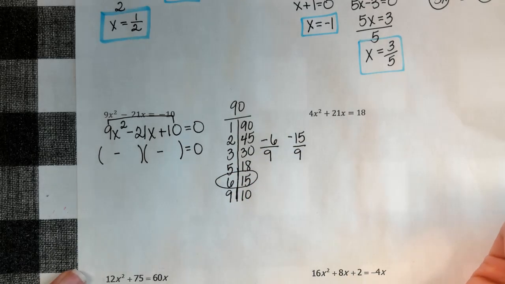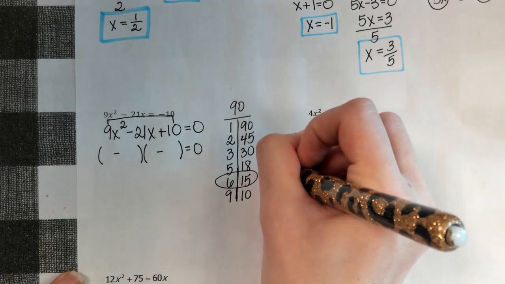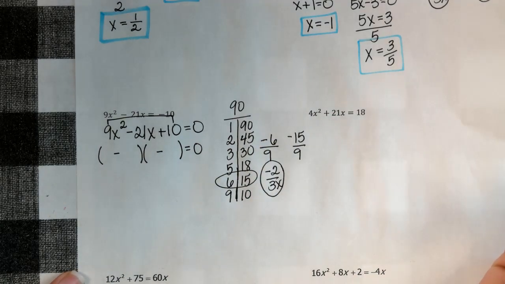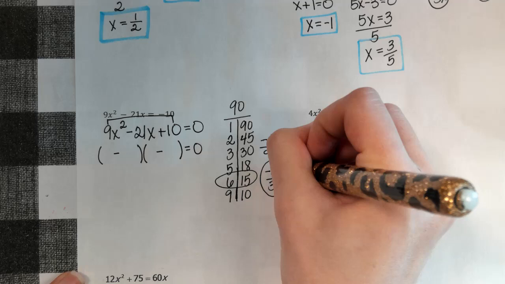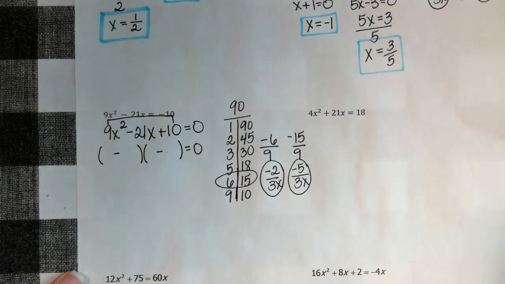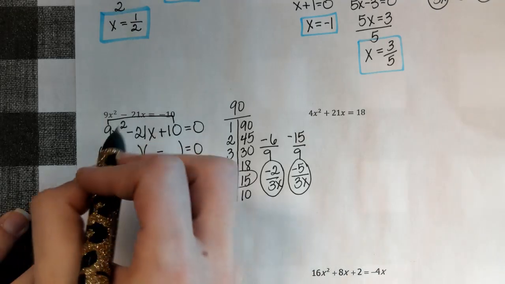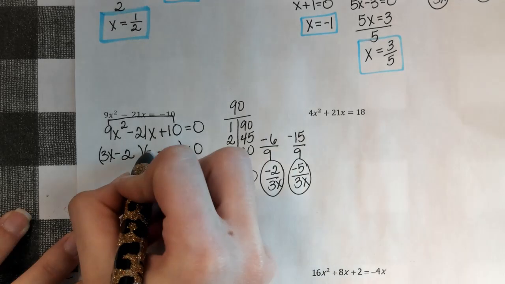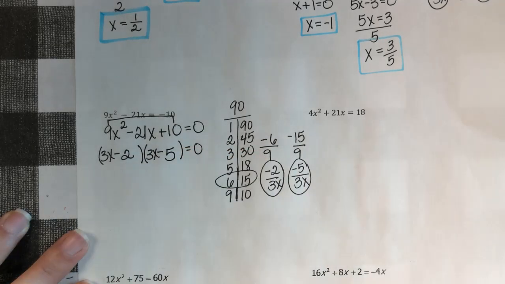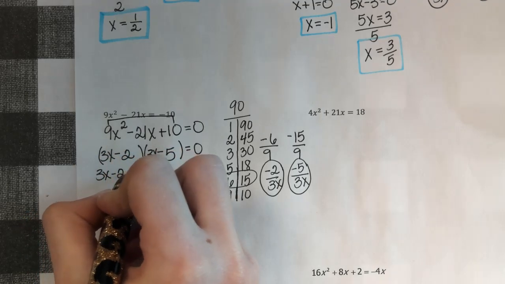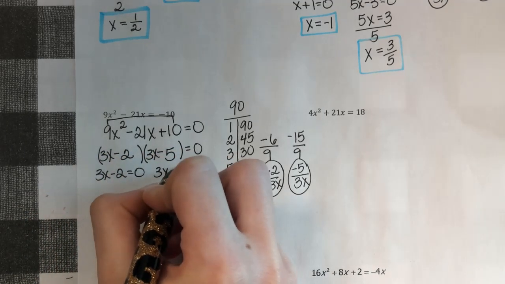Okay, negative 6 divided by 9. I can divide them both by 3. And that gives me negative 2/3, bottom takes the x. And then negative 15 over 9, divide them both by 3. Negative 5/3, bottom takes the x. So what are my two binomials? So then I've set 3x minus 2 equal to 0, and 3x minus 5 equal to 0.